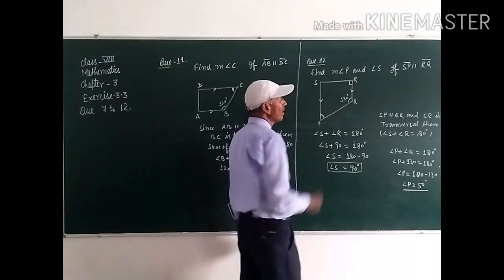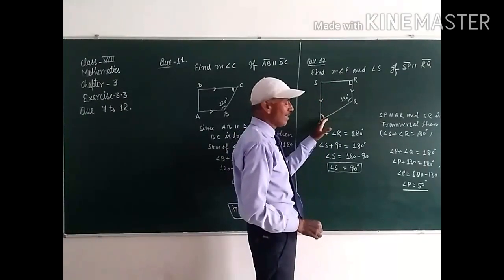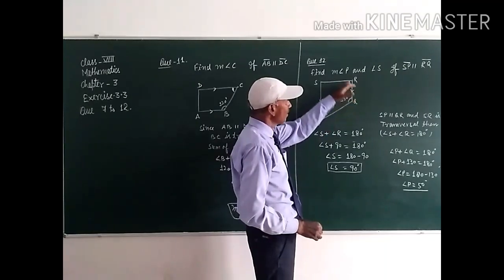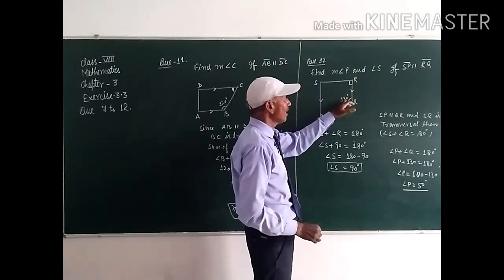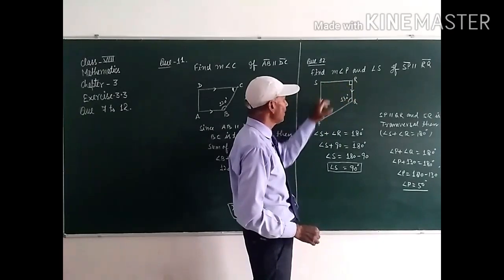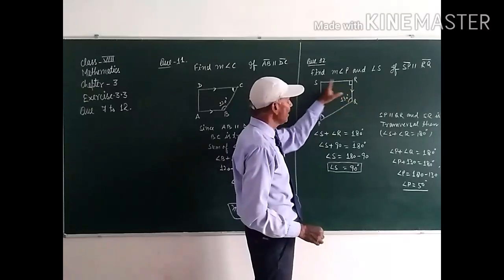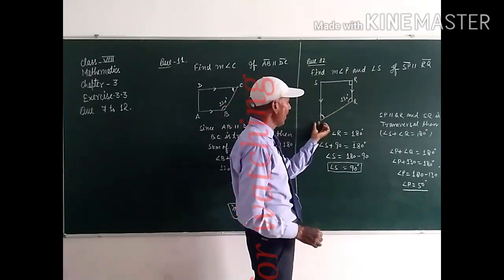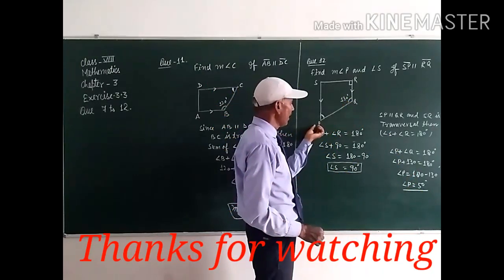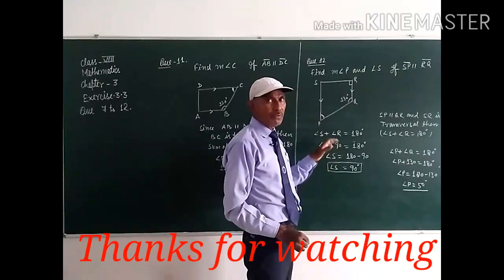So using the angle sum property of a quadrilateral, we find this angle, because the sum of the angles of a quadrilateral is 360 degree. So this angle plus this angle plus this angle plus this angle will be 360 degree, and in these four angles, three angles are known. So we can find the value of angle P using the angle sum property of a quadrilateral.